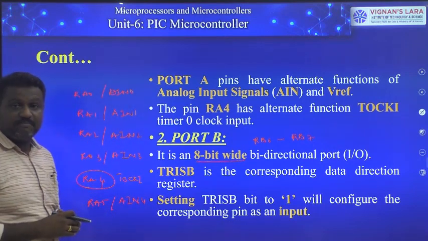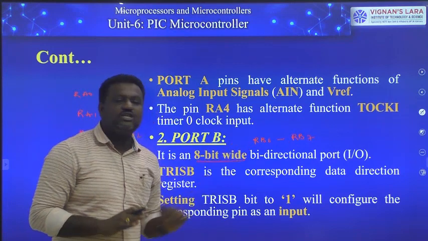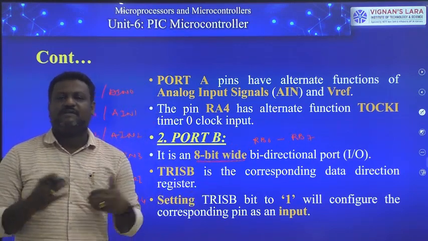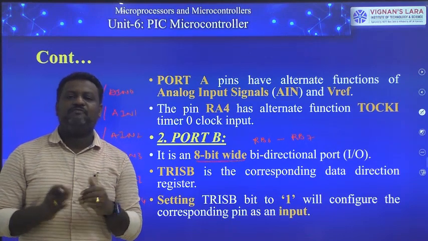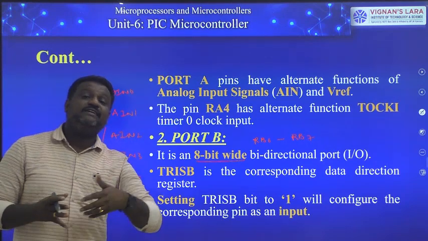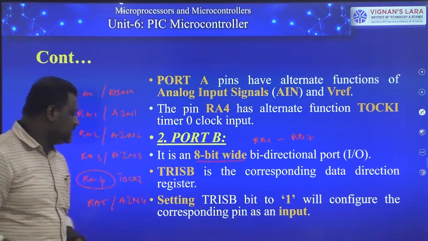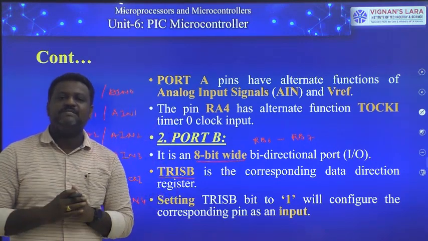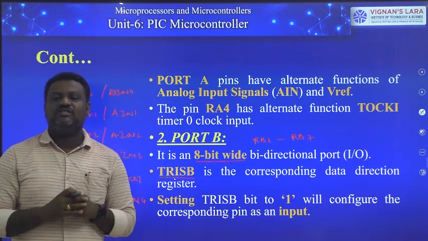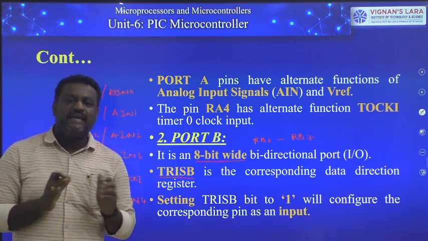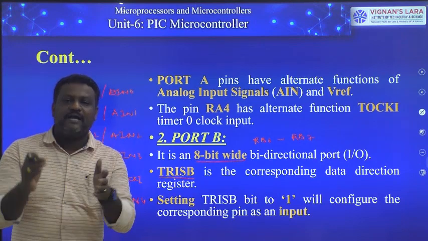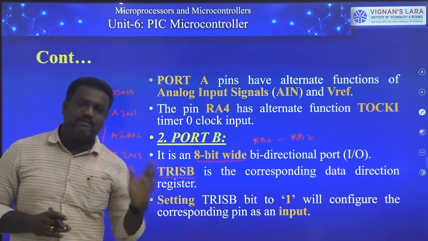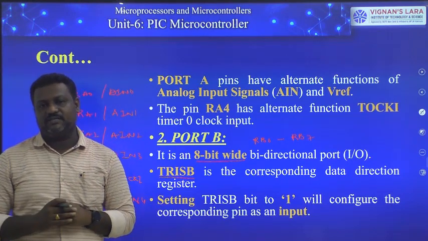And coming to the next one. In order to program RB0 to RB7 separately as input or output signals, we use a data direction register dedicated to port B, which is TRISB. TRISB is an 8-bit register. By using these TRISB bits, I can program my port B signals RB0 to RB7 either as input signals or output signals.